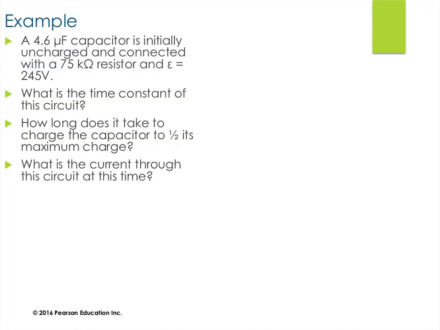So here's an example of a problem we might have. We have a capacitor of 4.6 microfarads. It has a resistor of 75 kiloohms and an EMF, or battery, of 245 volts.